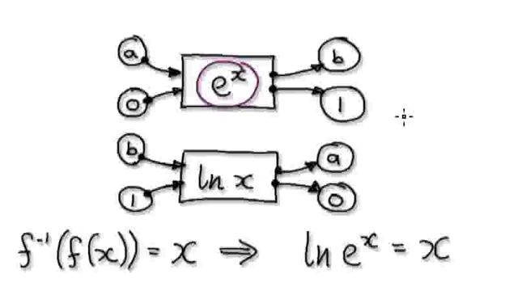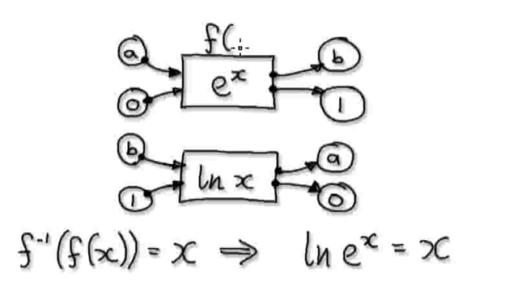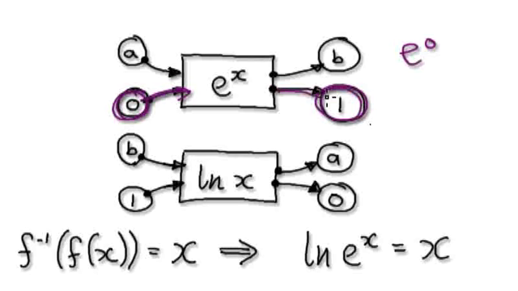So you can think of this in terms of our two machines: this is our normal f of x, and this here is our inverse function. Looking at this, if you put a number into this machine, let's say 0, then that would be e to the power of 0, so it would spit out the number 1.